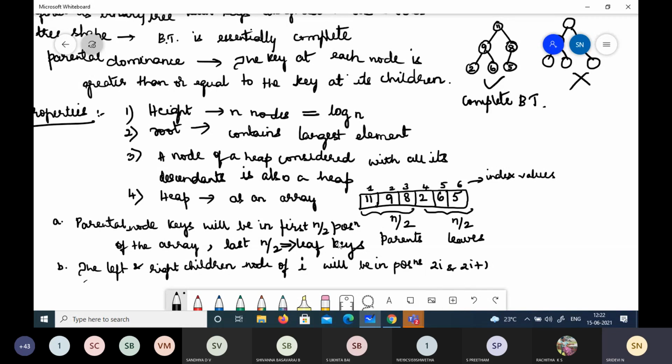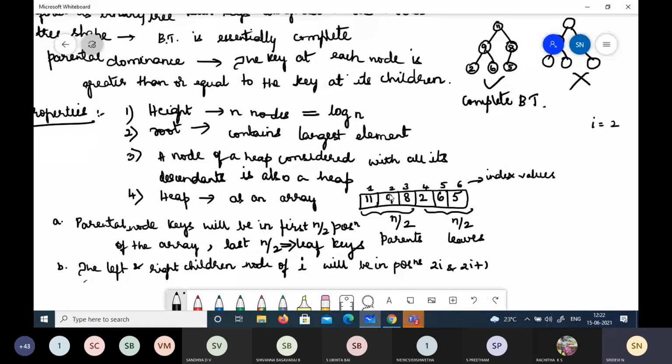Let's check this now. I want to know the children nodes of 9. 9 is a parent node here, isn't it? So I want to know the left and right children nodes of i, where i is equal to 2 here. So where should I find the children nodes of this node i? In positions 2i and 2i plus 1. I've taken i as 2, which is 9, and I want to know where its children nodes are.